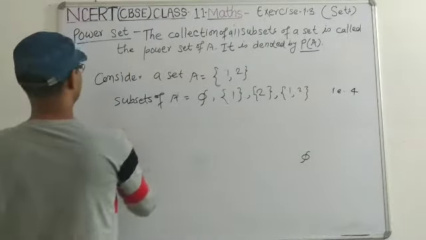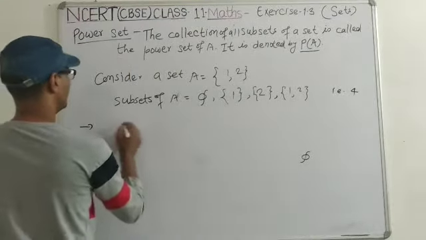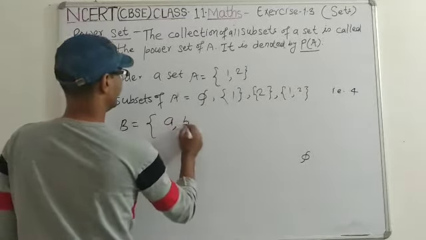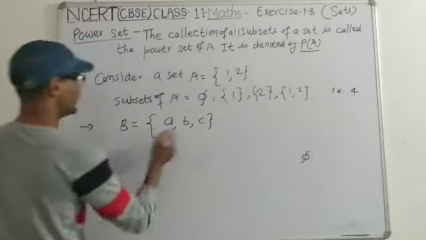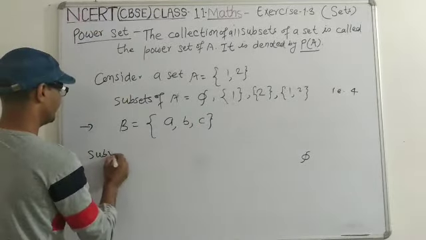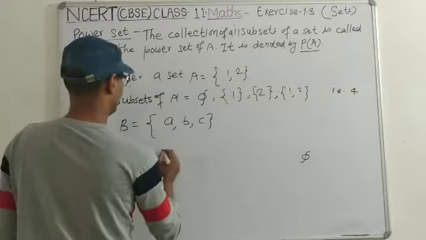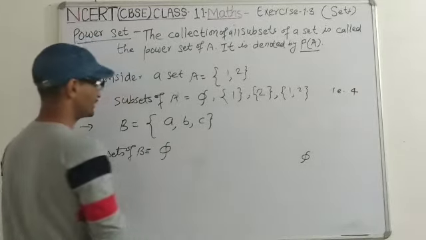For another example, suppose any set B is {A, B, C}. So how many subsets of this? Subsets of B: phi is the subset of all the sets.